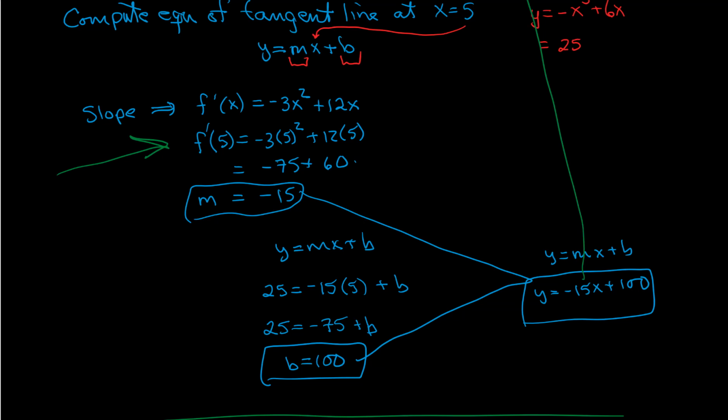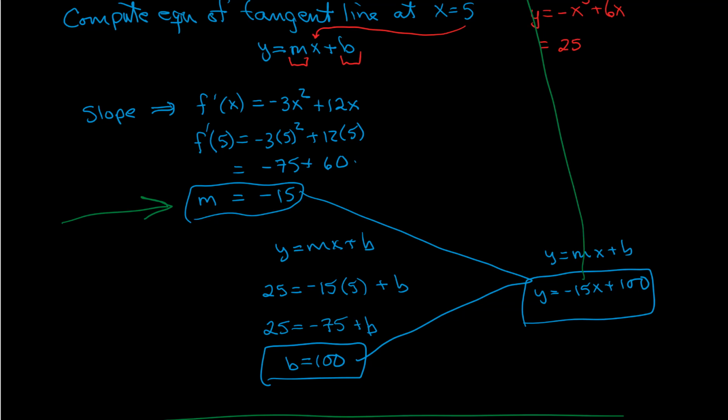That location is x equals 5. So all I do is substitute x equals 5 into the derivative. So I have a minus 3 times 5 squared plus 12 times 5. So again, negative 75 plus 60. This gives us then a value for the slope being a negative 15.